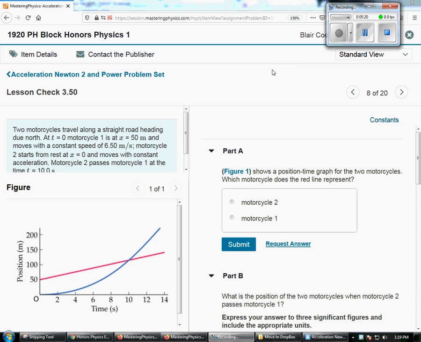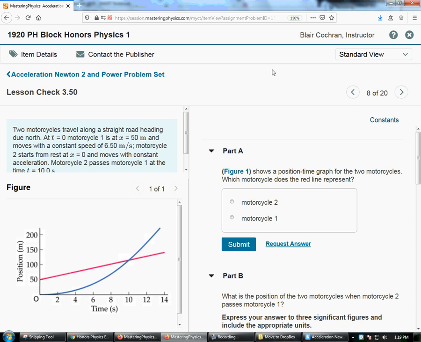All right, so on to number 8. Two motorcycles start along a straight road heading north. So they've already established that north is positive. That 15 meters and moves at a constant speed. Oh, that must be the red line, because the red line has a constant slope.